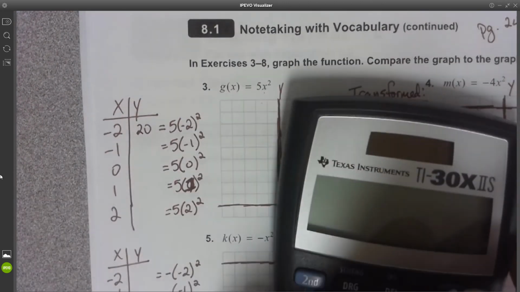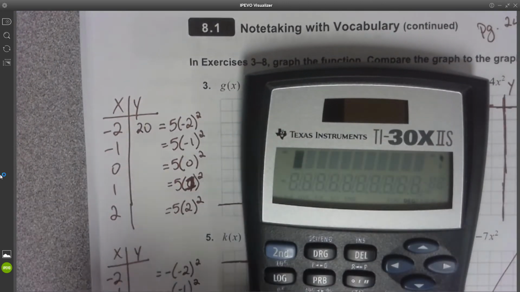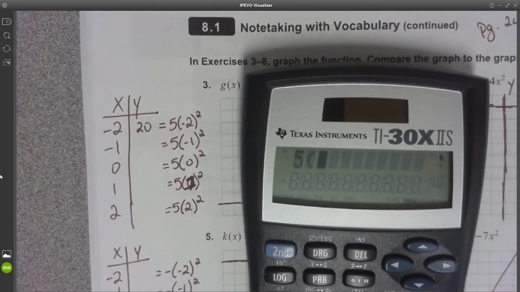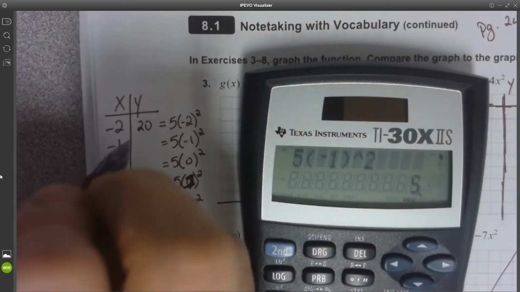The other way that we can do this is by typing it in our calculator. My next one is 5 times -1 to the second. I definitely want to use parentheses with that, and then I'm just typing it in like so, 5 times -1 to the second, and I get 5.